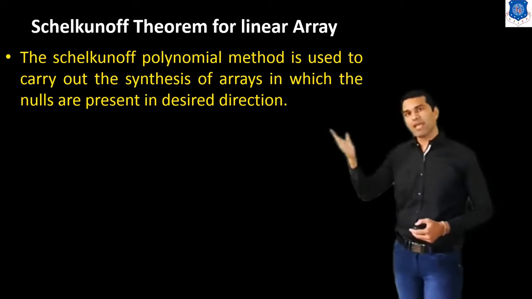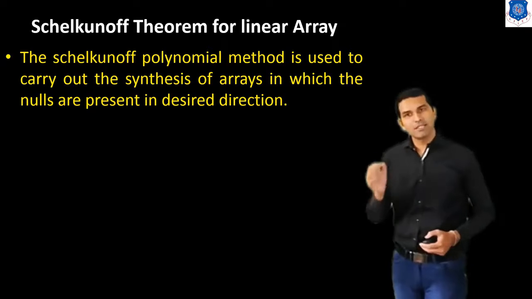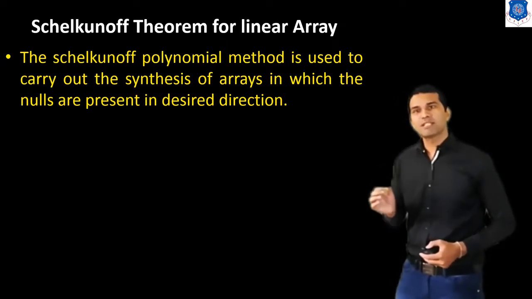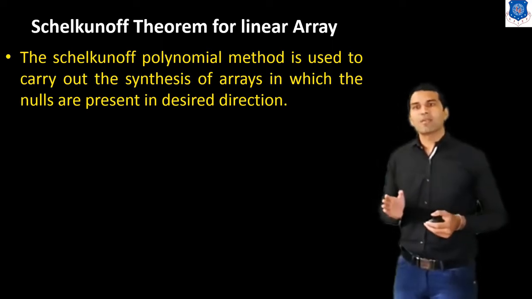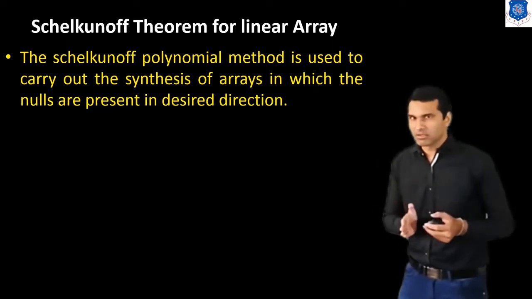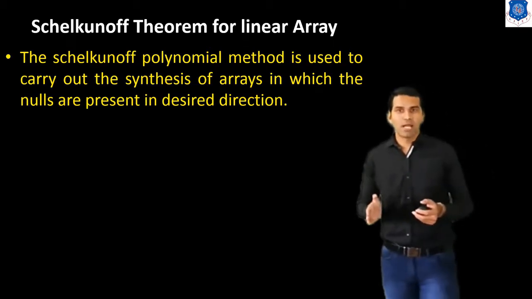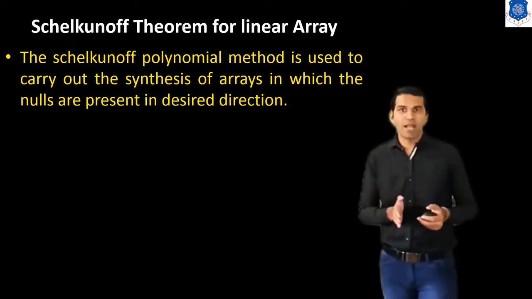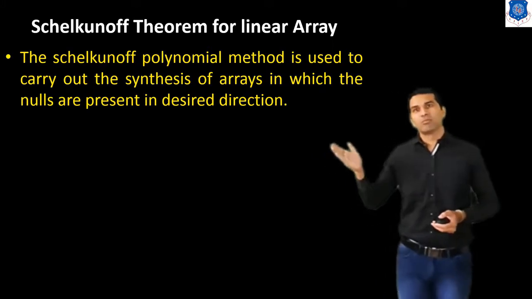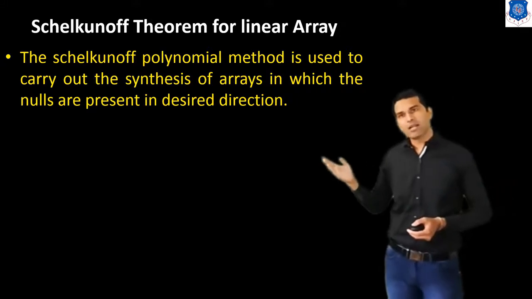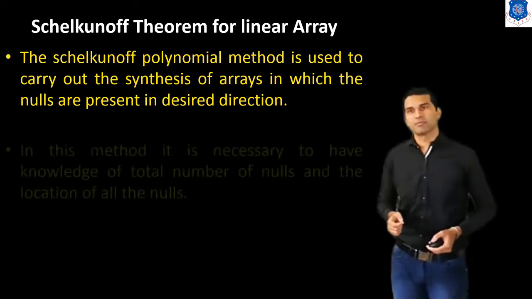So this is the main aim of the Schelkunoff theorem. In practical applications we do not require nulls everywhere, we require the null in a particular direction. So by using this method, we can place the null in a particular direction.